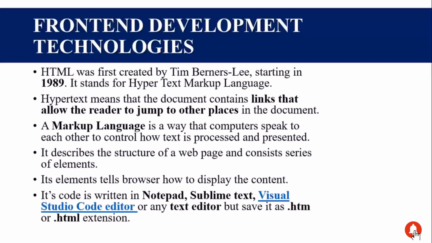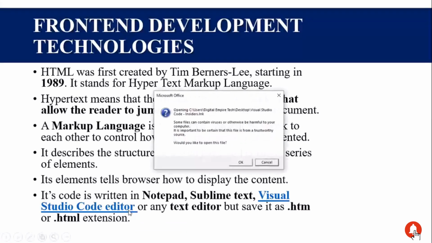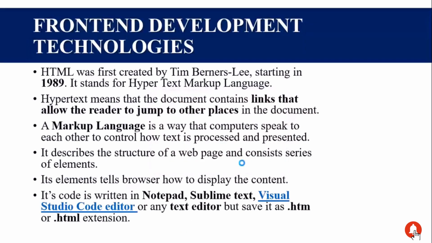Now let us quickly look at how simply we can draft an HTML file. Quickly, we'll get straight to our presentation so that we get to see how this HTML code is done.